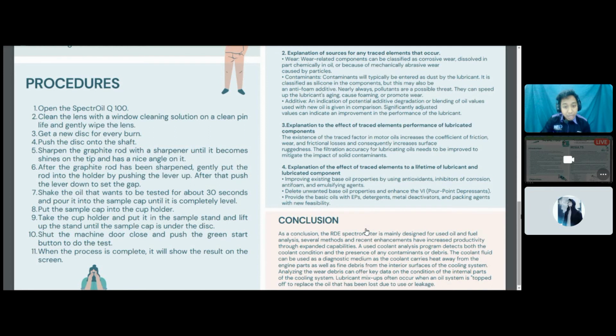Second, we can improve or delete unwanted base oil properties and enhance the VI and pour point depression. Third is to provide the base oil with EP additives, detergent, metal deactivator, and packing agent with new flexibility. That's all from me. Thank you.